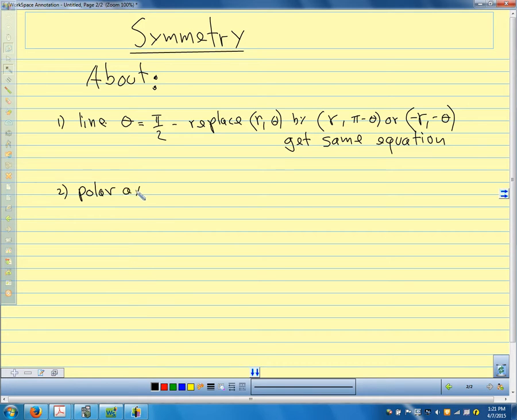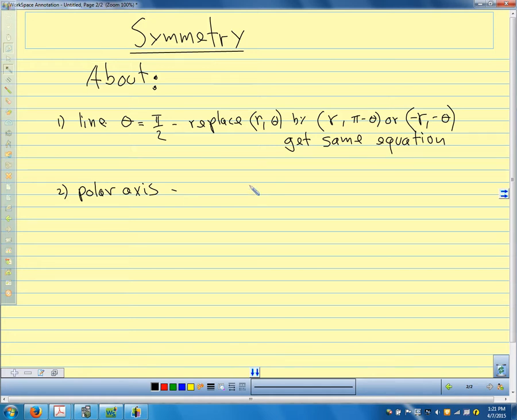The next one is we're going to test for polar axis symmetry. Polar axis, what are we in polar coordinates, what are we thinking of with the polar axis? What's the polar axis? The horizontal axis. So the polar axis is the horizontal axis when theta equals 0.